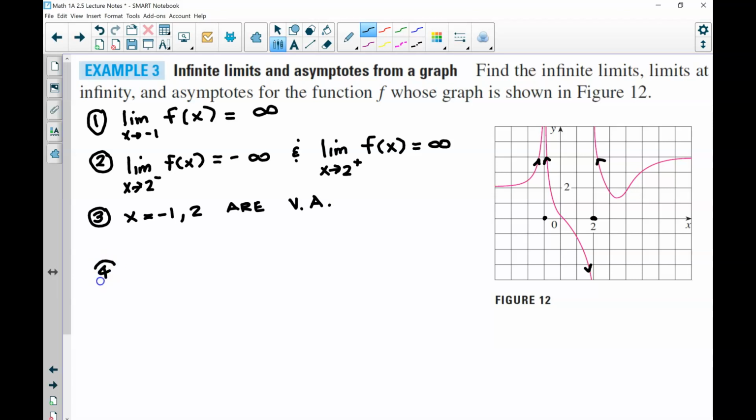So now, if we take the limit as x approaches positive infinity of this function, as x is approaching positive infinity, this function is approaching what value? Well, it's approaching 4.